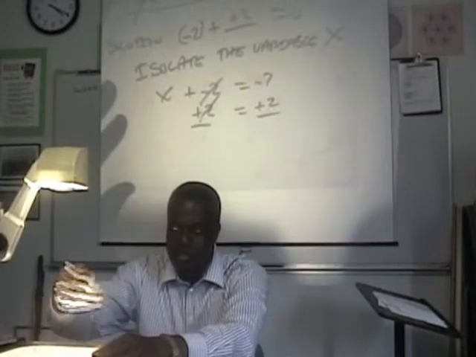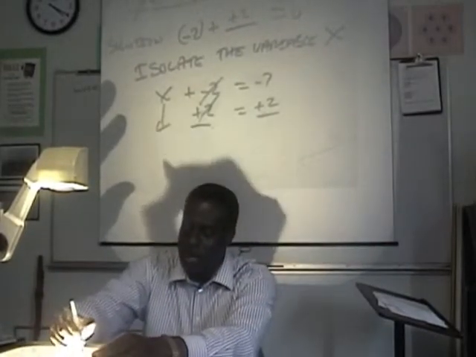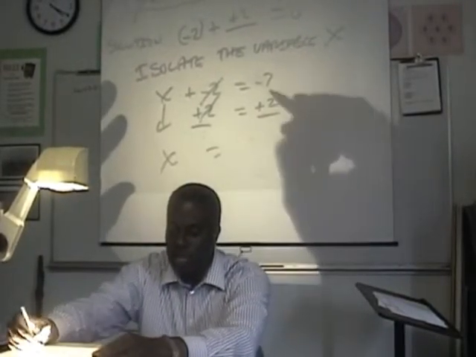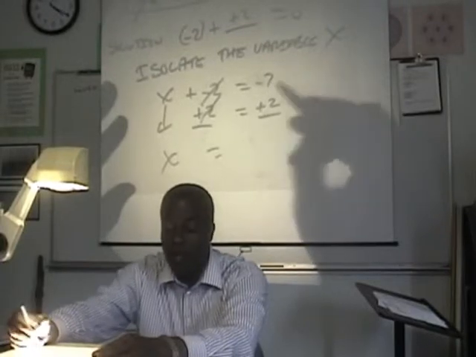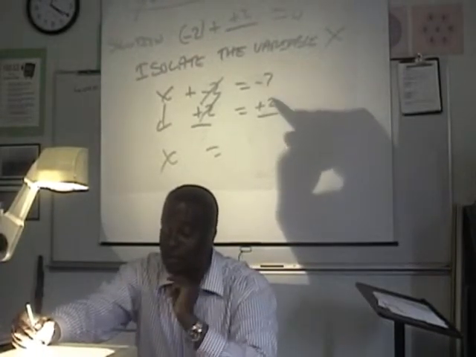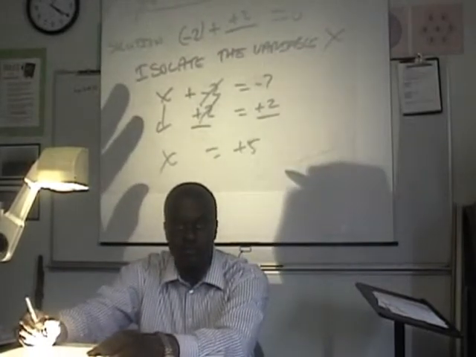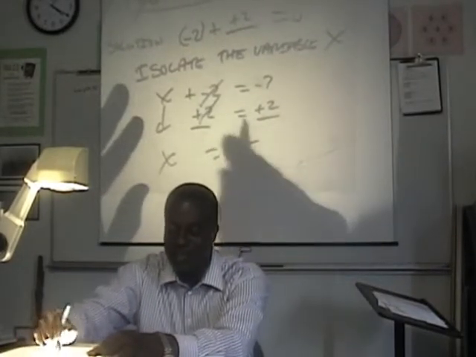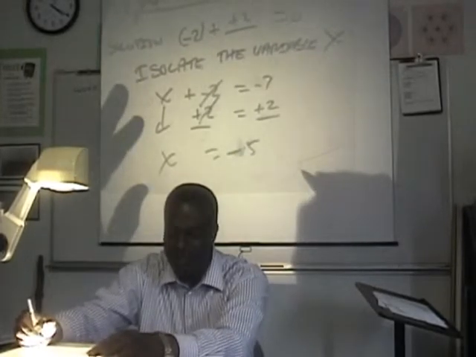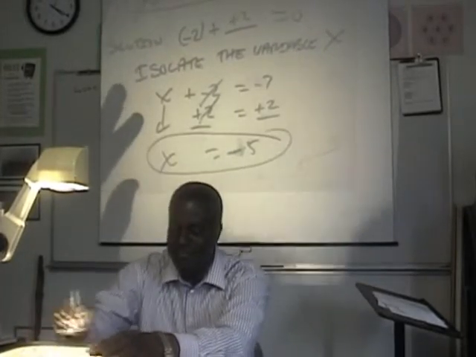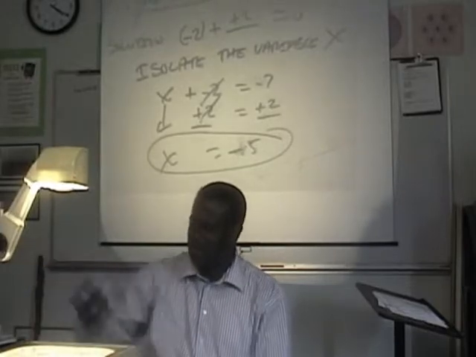A number and its opposite is 0. Bring down the x equals, now how much is a negative 7 plus a positive 2? Well, it's going to give us a positive 5. I'm sorry, a negative 5. Yes, negative 5. Any question about that?